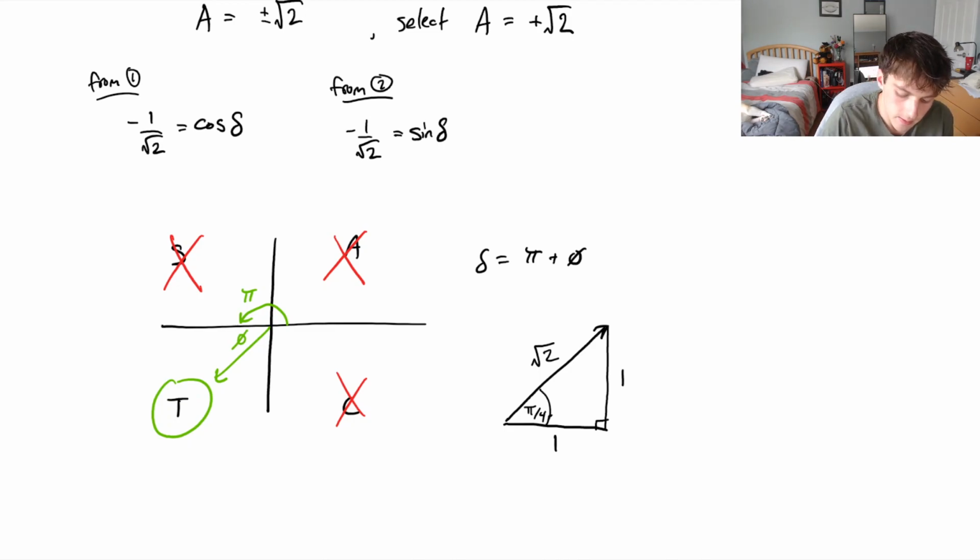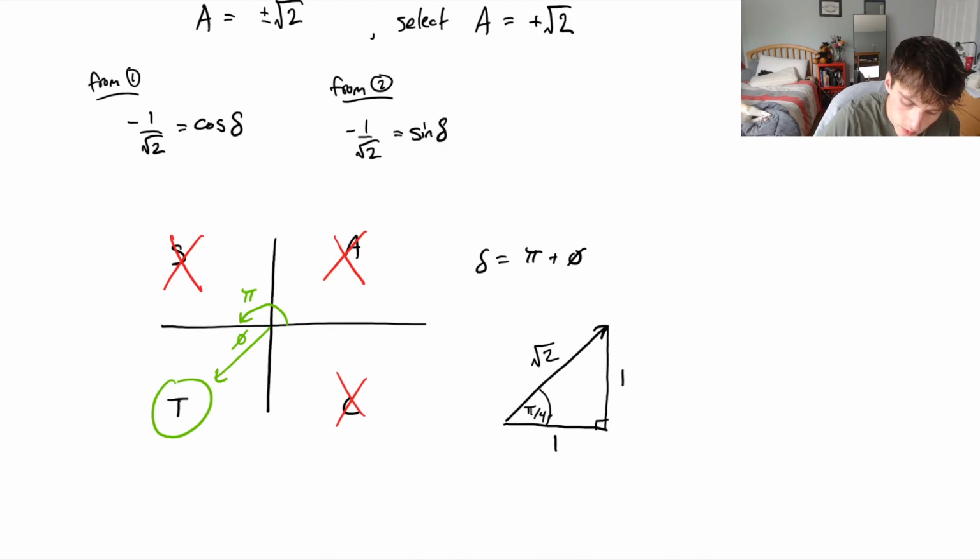Great. And we can tell here that for this angle right here, pi over 4, both opposite over hypotenuse and adjacent over hypotenuse will be 1 over square root of 2. Right? So equation 1 and equation 2 are satisfied with the angle of pi over 4. We just need to make sure that we have the signs correct by putting it into quadrant 3, right?